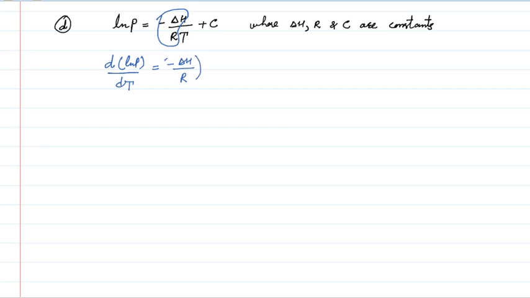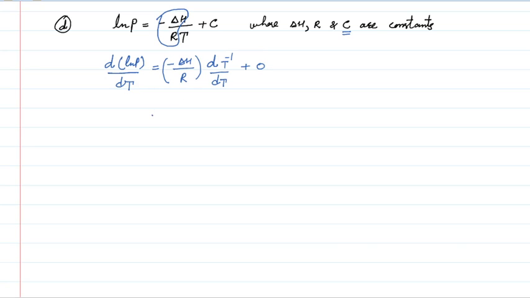Now, what about this T? We will write it in this form, x raised power n form. That means T raised power minus 1 with respect to T, we have to differentiate, plus differentiation of simple constant C. So here C is also constant, so it will be 0. I will not write it as dC upon dT. That is simply when understood that it is constant, it will be simply equal to 0.